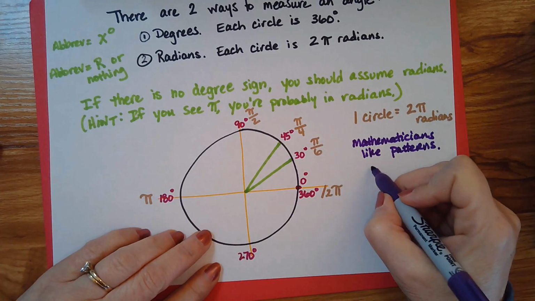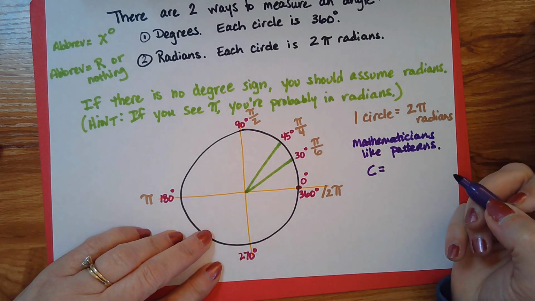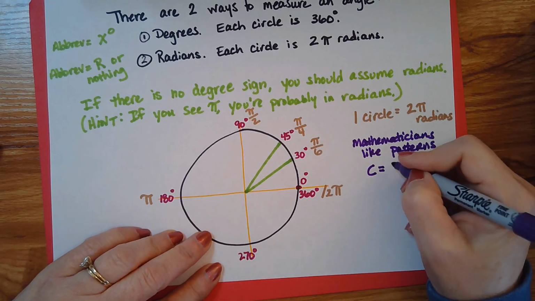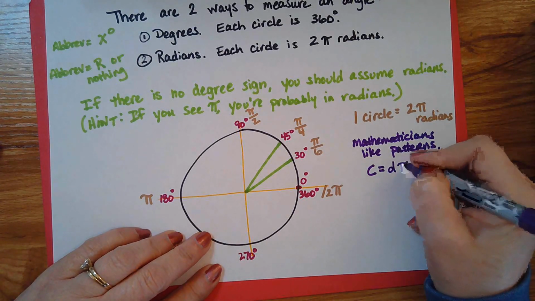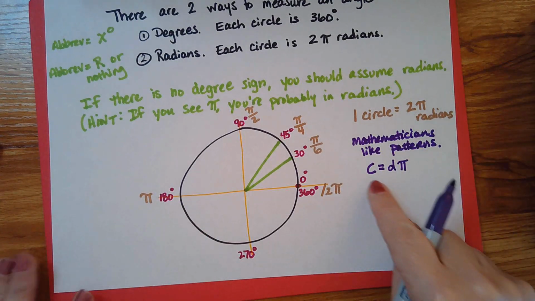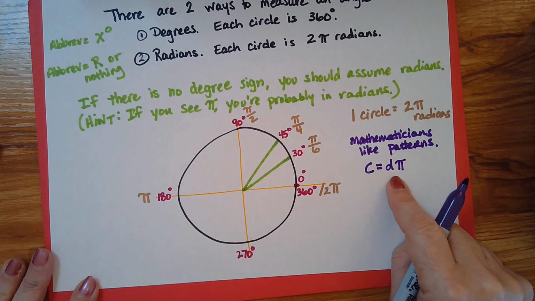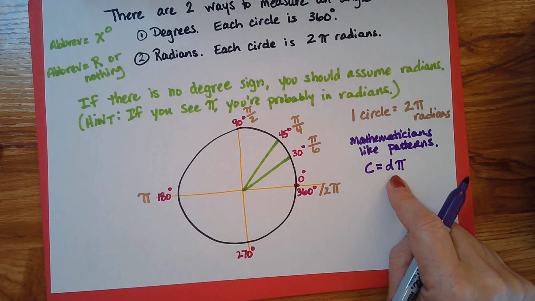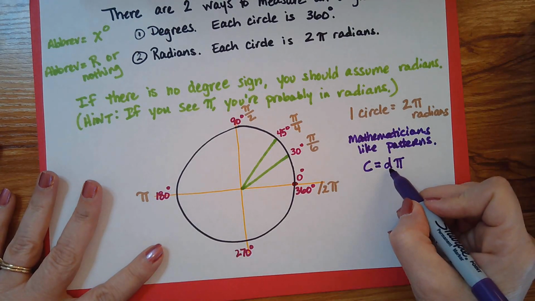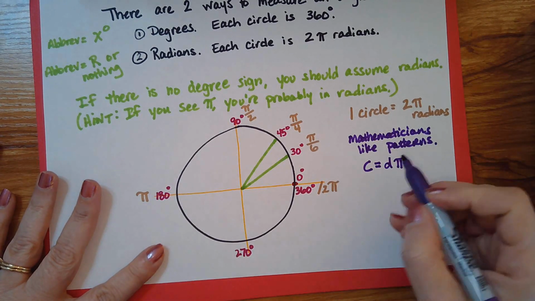And if you recall the formula for circumference, C equals the diameter times pi. This is a known formula, and we've been working with this formula for years and years, right? What's another way to write diameter?